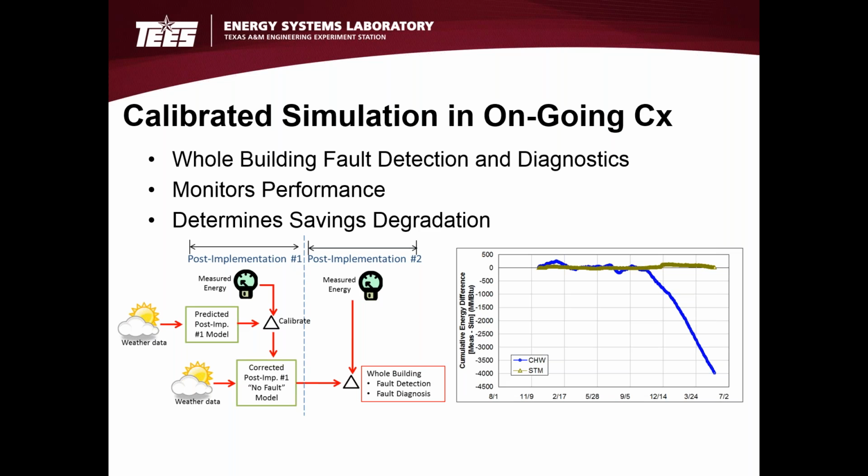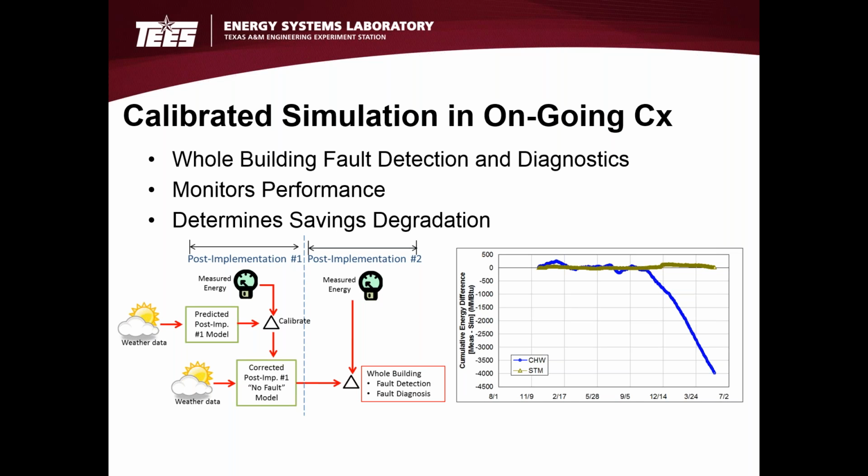I'll talk specifically about how we can use it in fault detection and diagnostics, but the example that I'm showing here is one from some of our early work in this area, where in the plot in the right-hand corner of the picture, the blue line shows the cumulative difference between the measured energy consumption in the building and the calibrated simulated consumption of the building once you have calibrated a simulation to the building after it was commissioned.